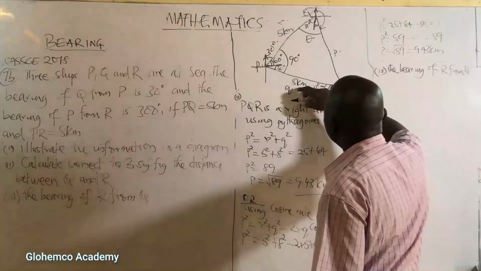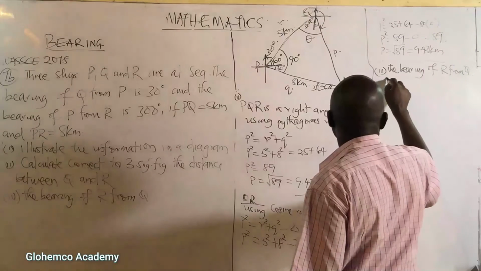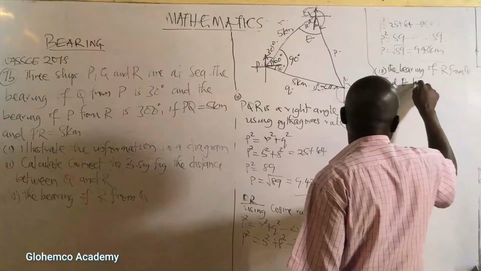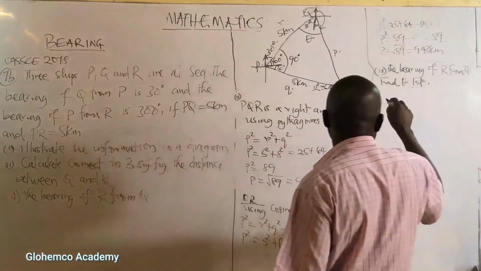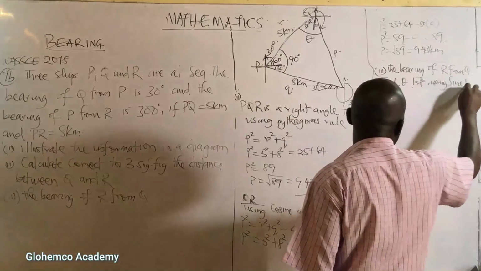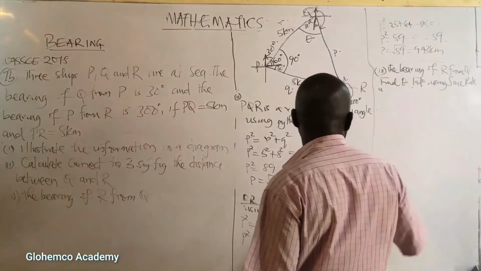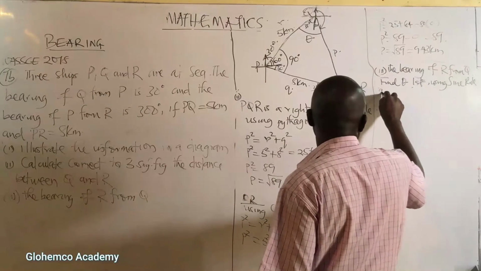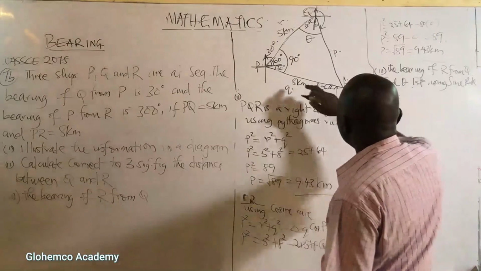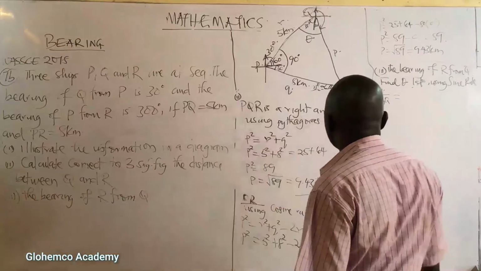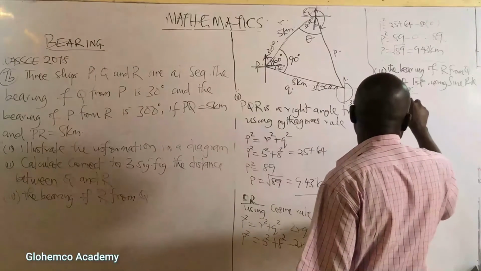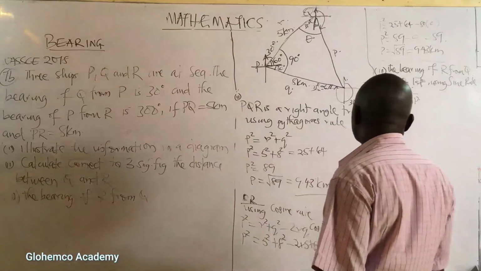So using the sine rule, we say q over sine Q equals to p over sine P. Now what is our q?